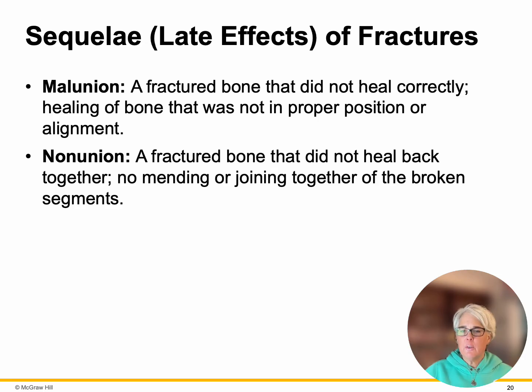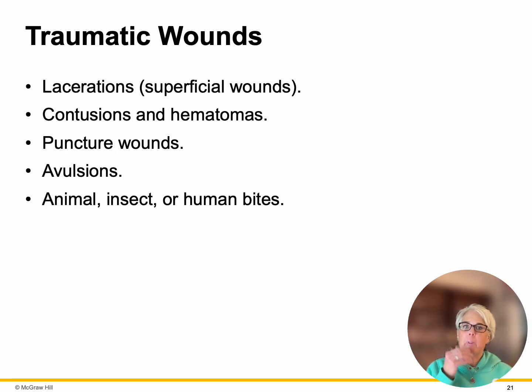Sometimes fractures don't heal correctly. Malunion means the bone healed in the wrong alignment, while non-union means it never fully healed together. These late effects are sequelae, and they impact both the seventh character and the selection of codes when the patient is seen for ongoing problems. Traumatic wounds include lacerations, contusions, hematomas, puncture wounds, avulsions, and animal or human bites.